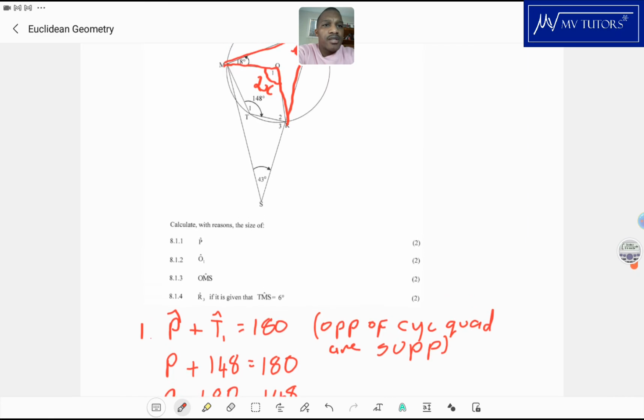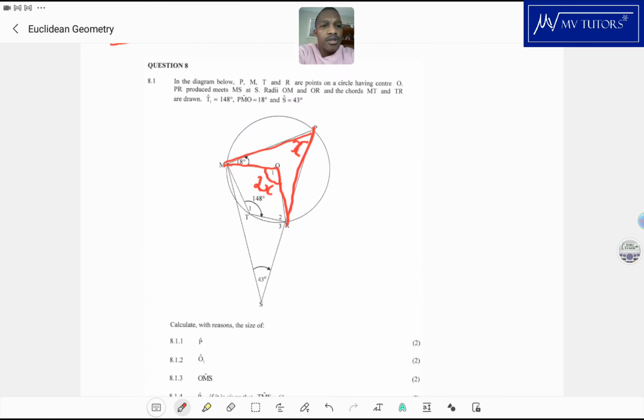Number 3 says OMS. Okay, so we need to rub this, and then let's get down with the OMS. First of all, we have to identify OMS. So it's O, M, and S. That angle over there is the angle we are looking for. But what can we notice here? We have a triangle there, MP and then PS.